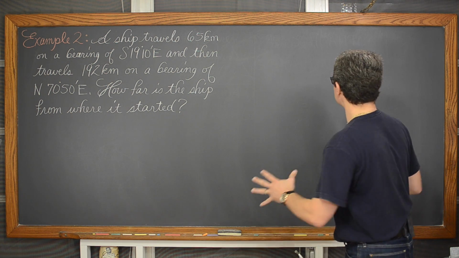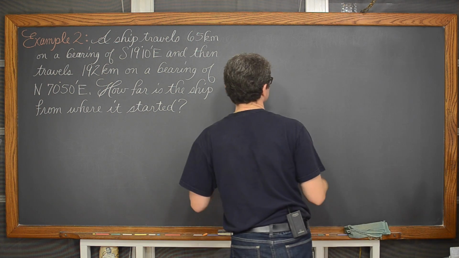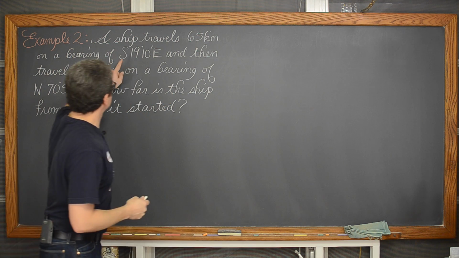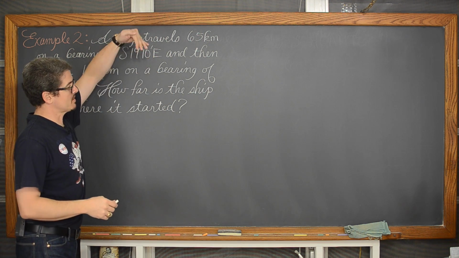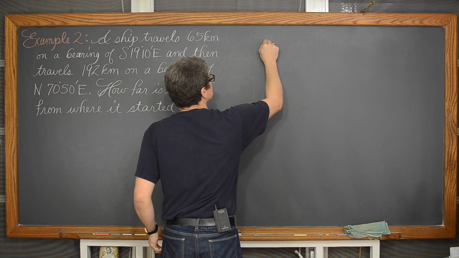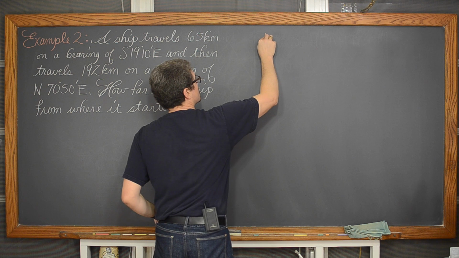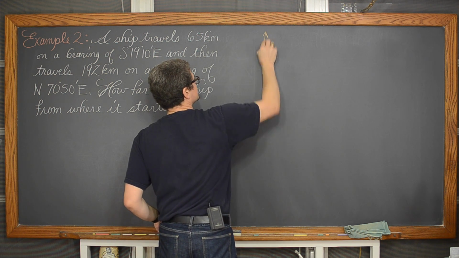Okay, so let's just give this a nice open space to start setting up our diagram, and we're starting off southeast, so kind of down and to the right. So probably this is a decent place to start. Put our orange north-south line.